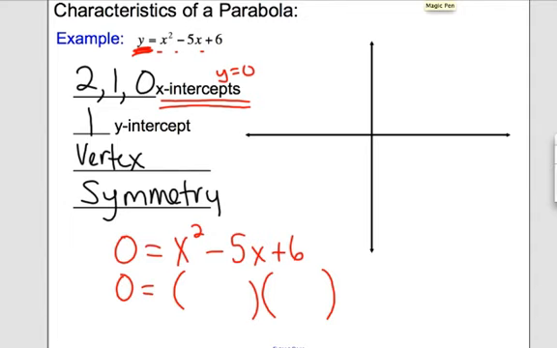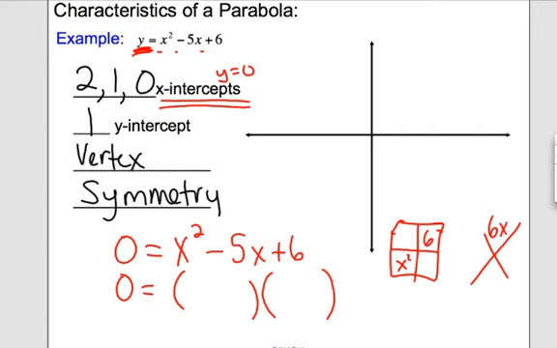So this will require me to draw a generic rectangle, a diamond problem, and then I'm going to fill in my numbers that I have. Let's see. So I have x squared and 6. So that means my product has to be 6x squared, and my sum is negative 5x. Multiplies to 6, but adds to negative 5.